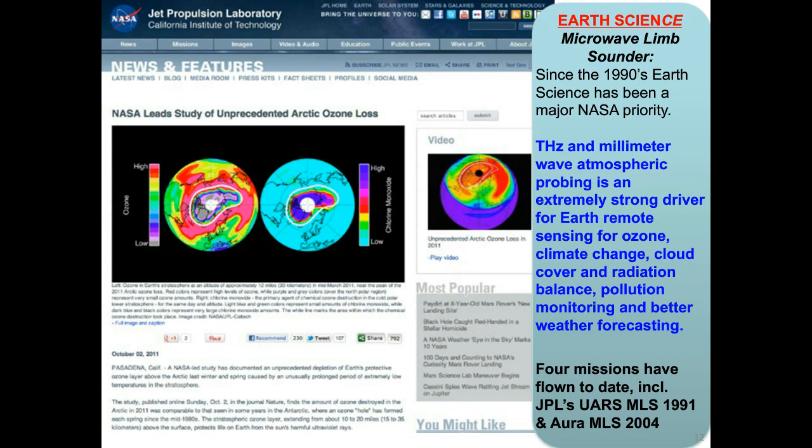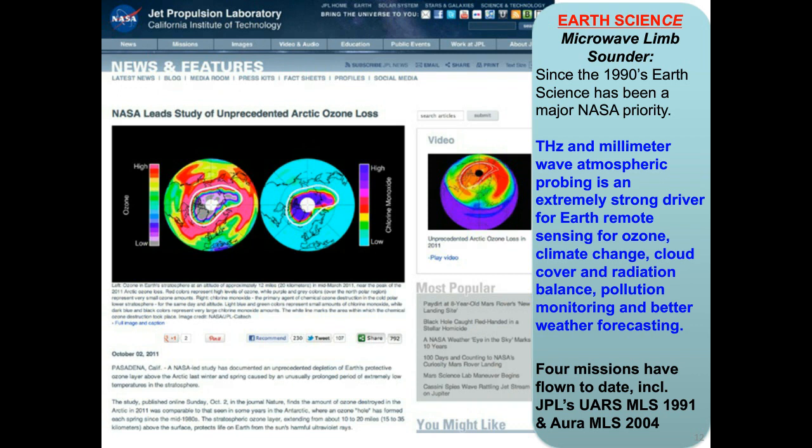And I mentioned very briefly, you can also use this technology to look at the Earth, and there have been 4 missions to date, 2 from JPL, that have carried terahertz sensors to look at the stratosphere and to measure things like ozone, water vapor, sulfur dioxide, fluorine monoxide, etc., for understanding things like global warming, atmospheric pollution, and ozone depletion.